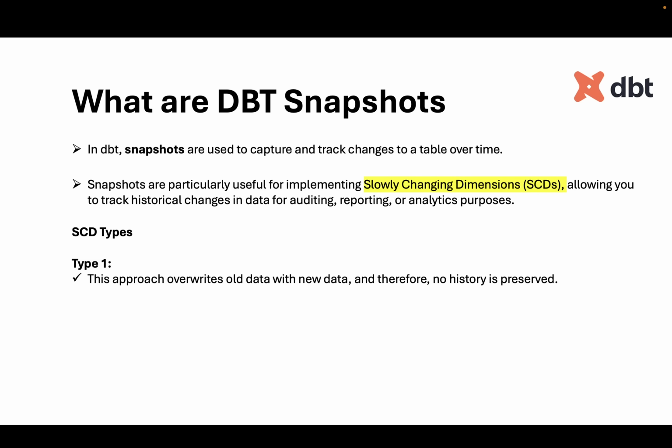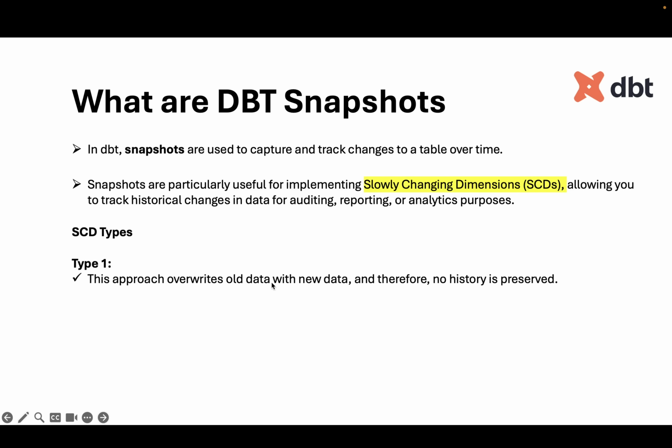Okay, and we have three types of slowly changing dimensions. The first one that we have here is type 1. Okay, so slowly changing dimension type 1 is used when you want to overwrite old data with new data. So in this case, the history is not preserved. SCD type 1, or type 1 in short, is used when you want to overwrite old data.